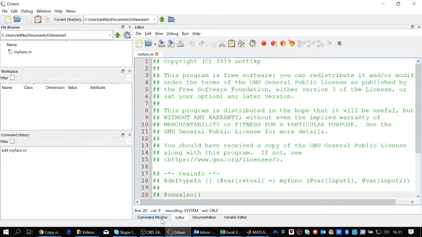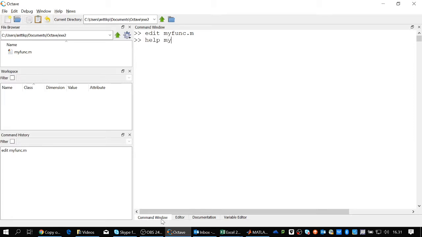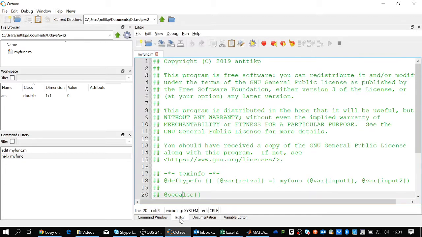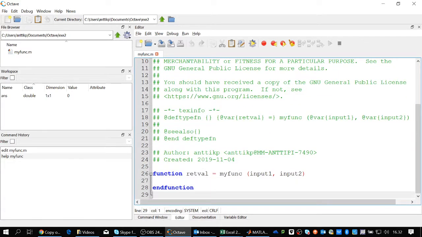When you type help myfunc, it'll actually show the beginning of that file. It also gives nicely the author and when it was created.